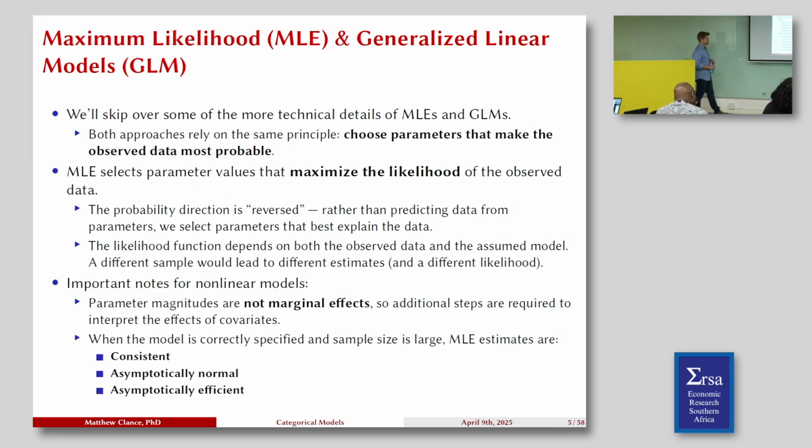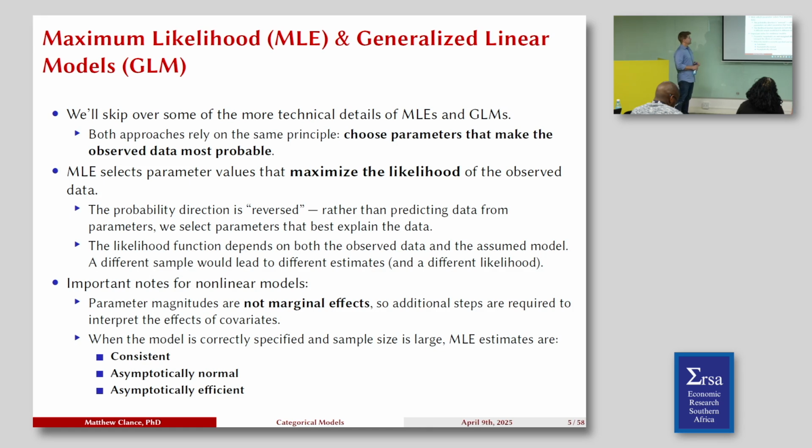And just to keep it general, I'm not going to go into a lot of the maximum likelihood theories or direct comparisons between it and GLM. It's better if we can just grab the intuition of how we think about these things.